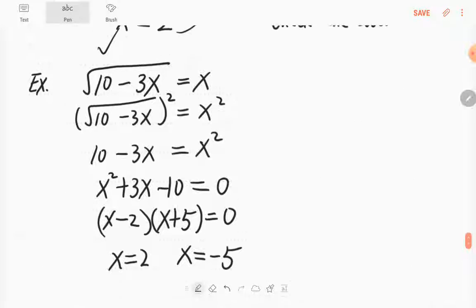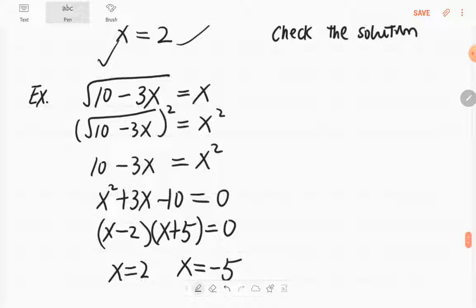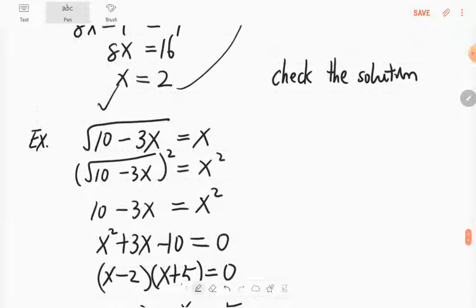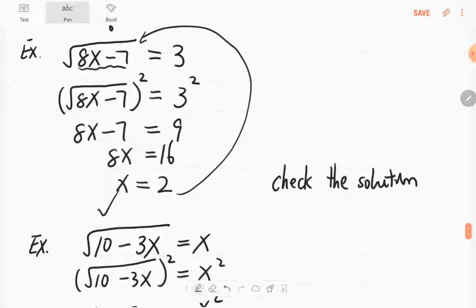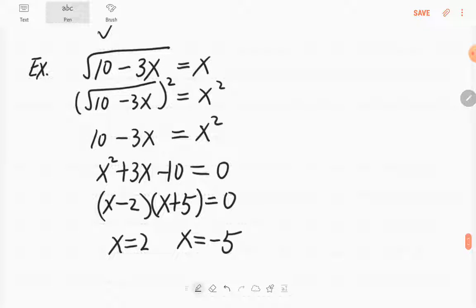If we check the solution, we just plug into the equation. We notice that 2 is okay.